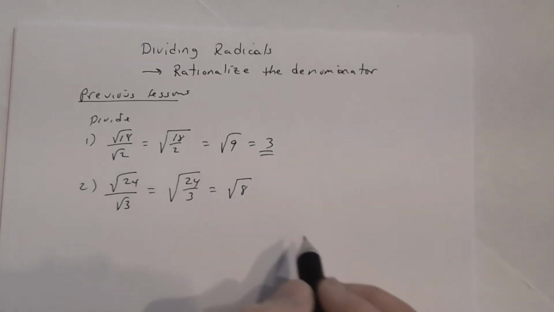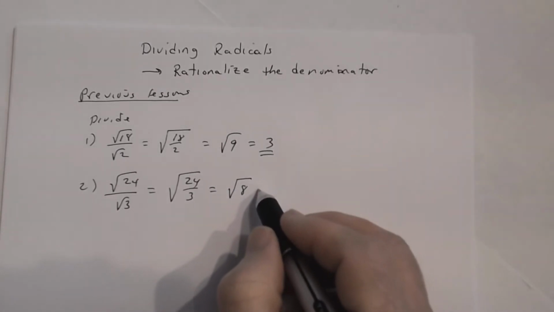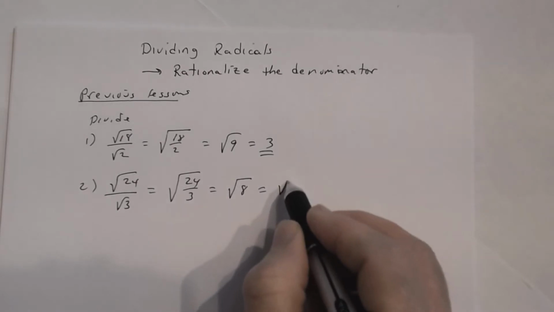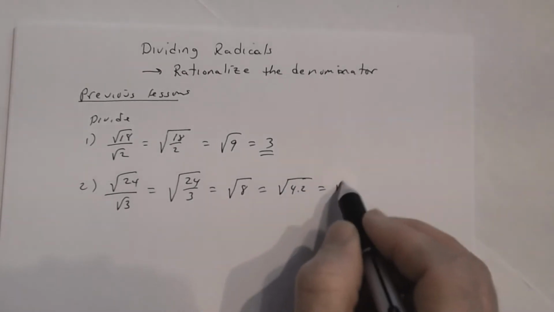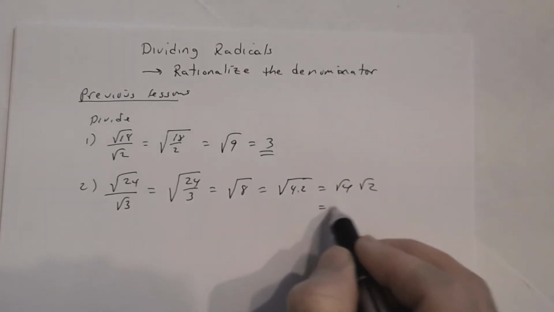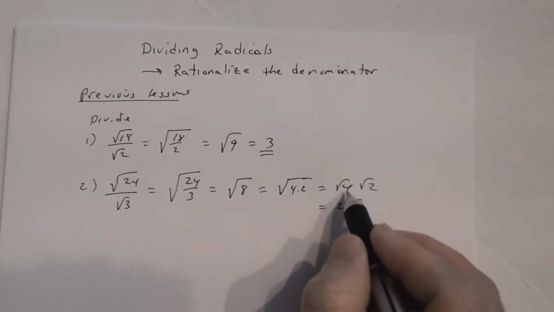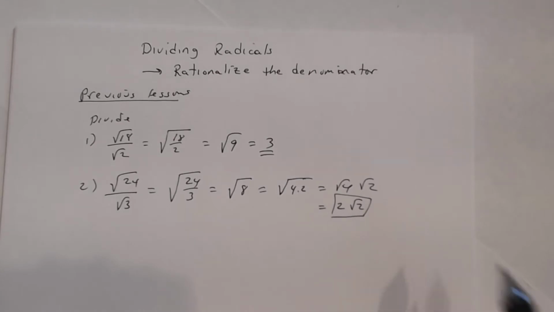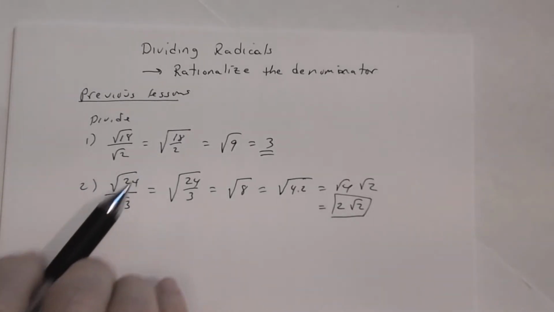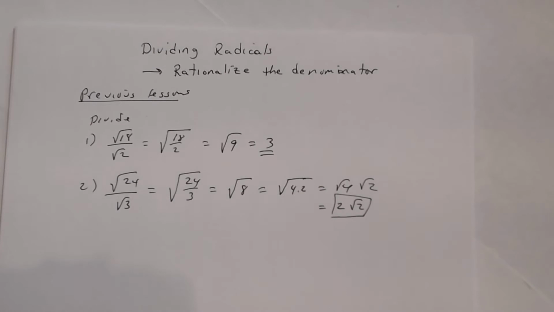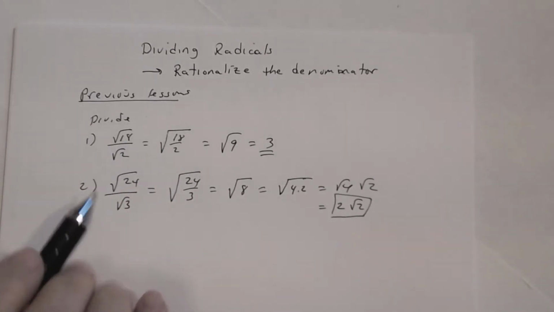Then I can simplify the square root of 8 further using the product rule: the square root of 4 times 2, which is the square root of 4 times the square root of 2, so the answer is 2 square root of 2, because the square root of 4 is 2. That was what we saw previously, where we had a square root divided by a square root, and we went directly to the quotient rule to divide.